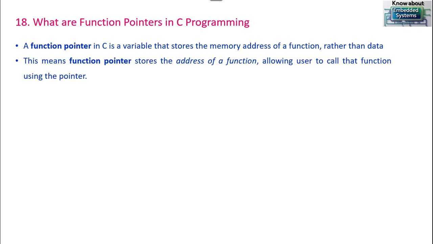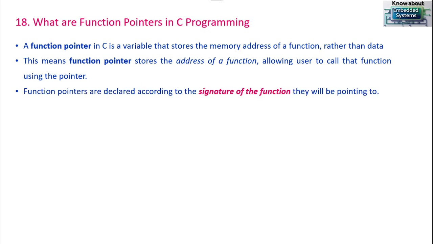The second thing is that the function pointer will store the address of your function, and whenever you need to call the function, you can call it using the pointer. So there is no need to call by its function name or function call. Instead, you can use the function pointer to call the function.